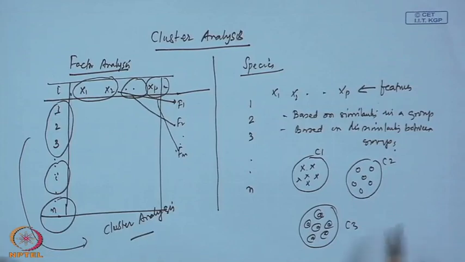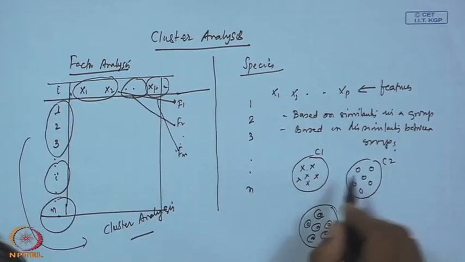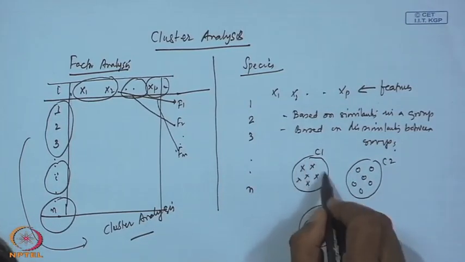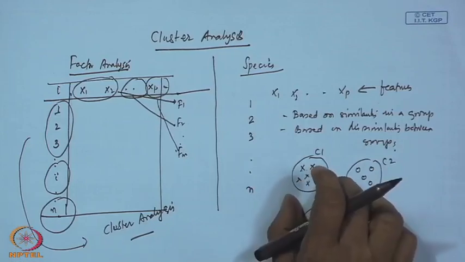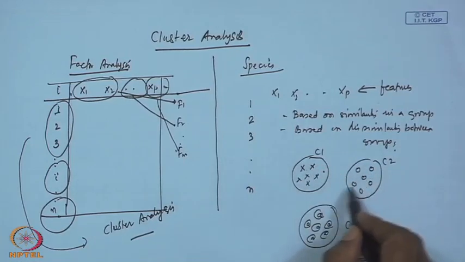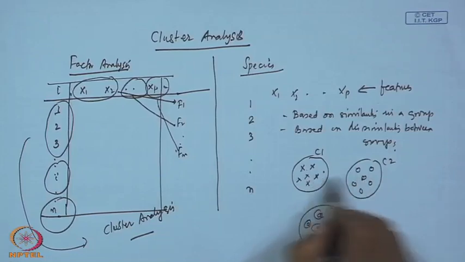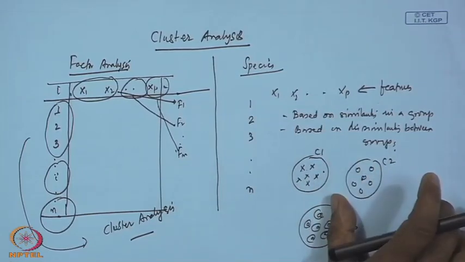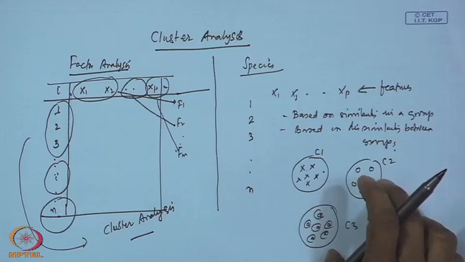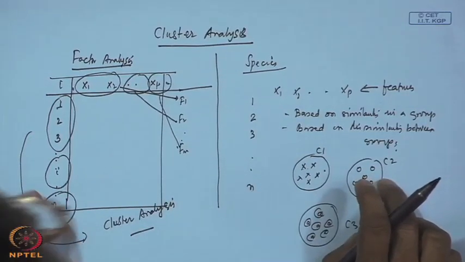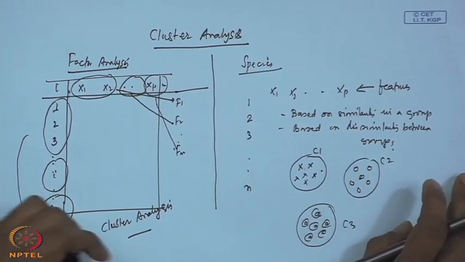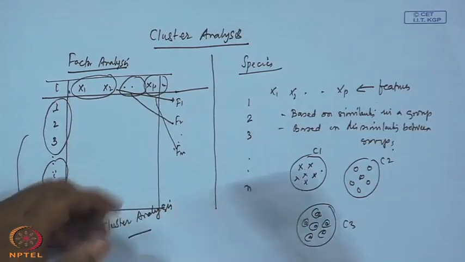What I mean to say is that the items within a group are as similar as possible. Then the items between groups, this vis-a-vis this, will be as dissimilar as possible. So, that is the principle, or I can say that is the philosophy in doing cluster analysis.